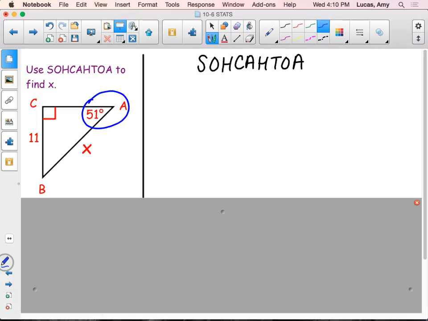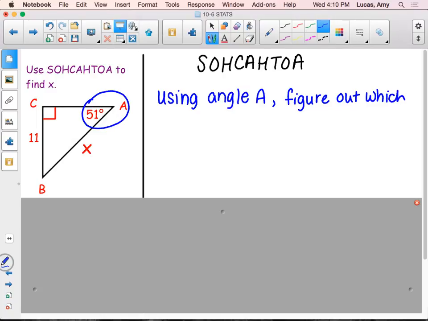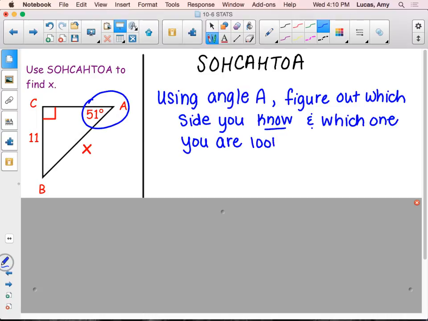So we know angle A. So using angle A, figure out which side you know and which side you're looking for. Okay, so you know one side and you're looking for one.